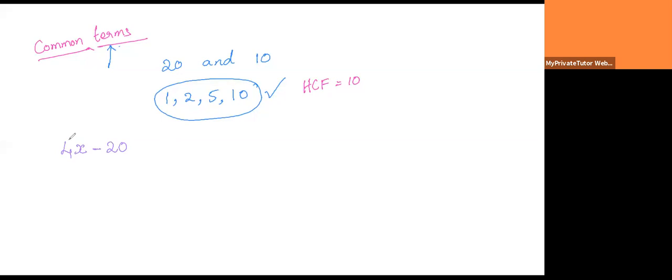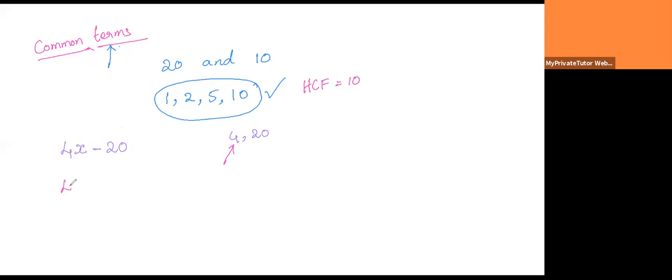We just need to check the numbers, rather constants. So what is the common term of 4 and 20? We might have a 2 and all, but we need to pick the highest common factor, which is 4, isn't it?